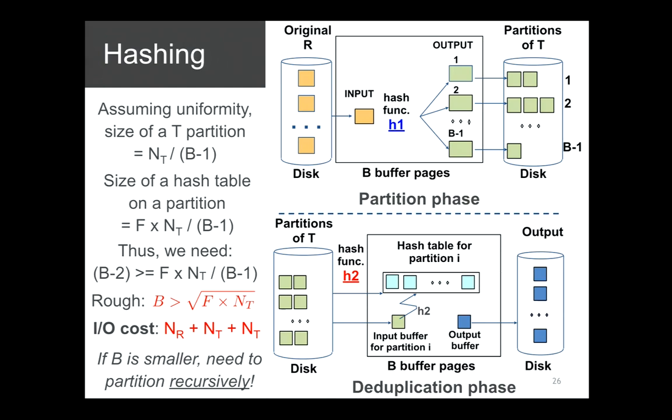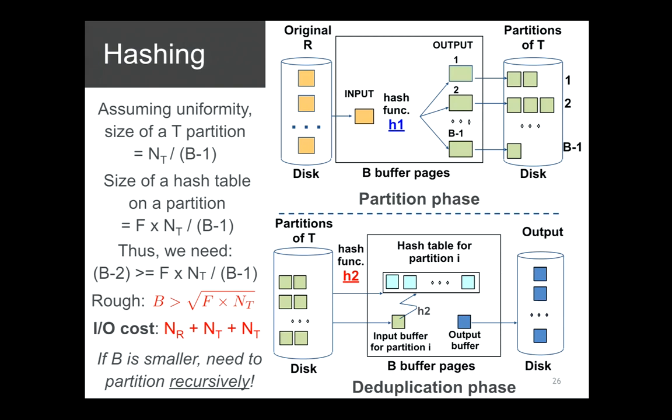How are you going to apply recursion? Write out this partition to H1, read each one of these partitions, apply a second hash function, say let's call that H1 prime, and then write out subpartitions of the partitions. So T is now first split into B minus 1 smaller files.